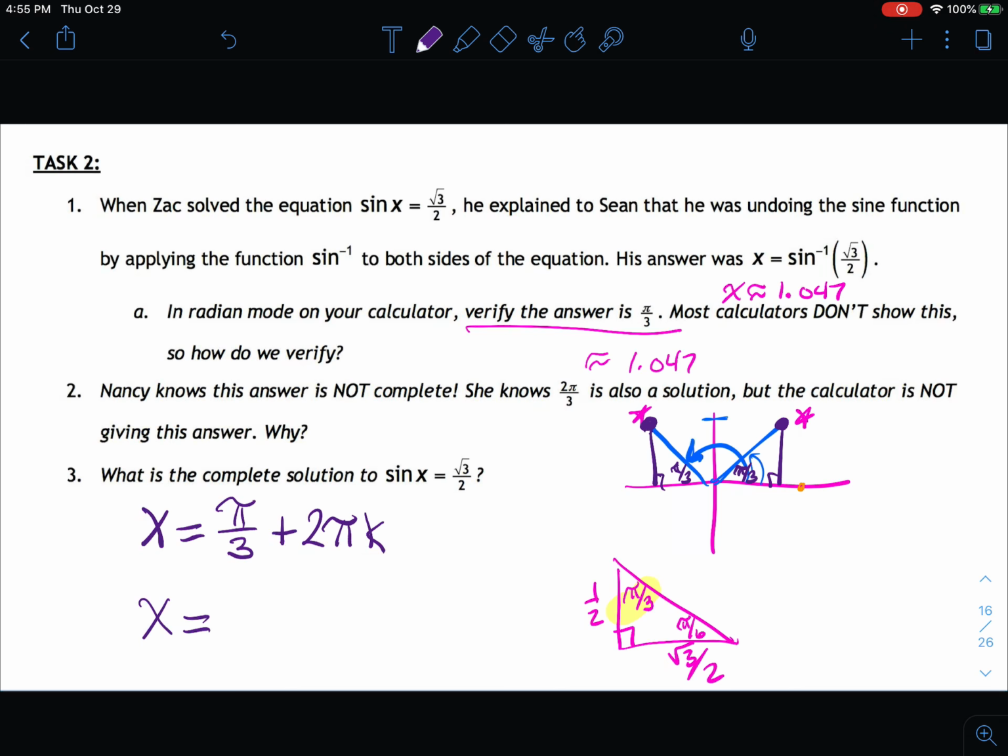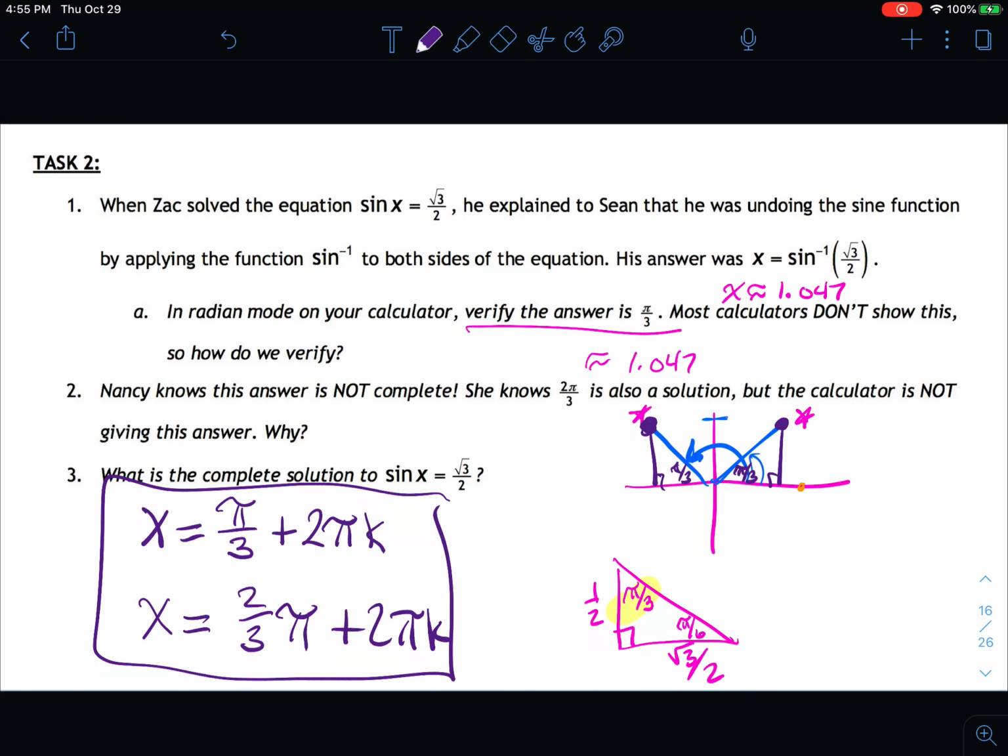She has the same correct answer, but it's now going to be this 2/3 pi. They both have correct answers. And again, if we do a full revolution forward or backwards, we're going to get to Nancy's exact same spot. This is your complete solution. So when we want to find out what this angle measure is, there are an infinite number of spots that are going to make this true.